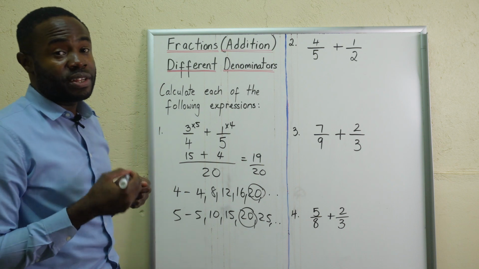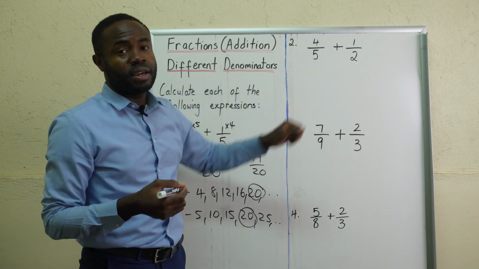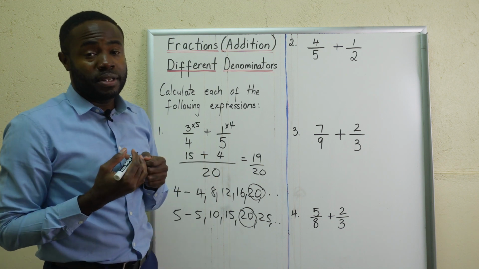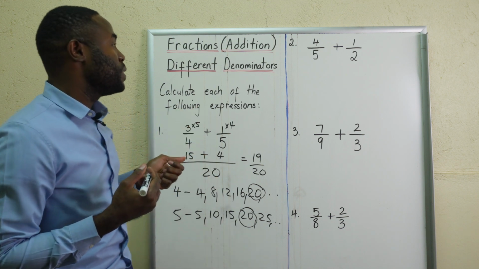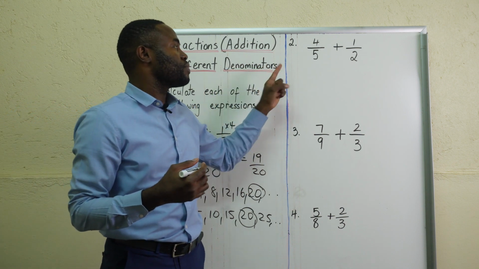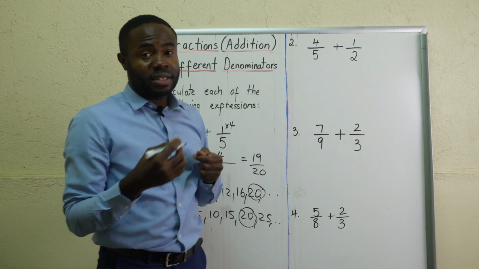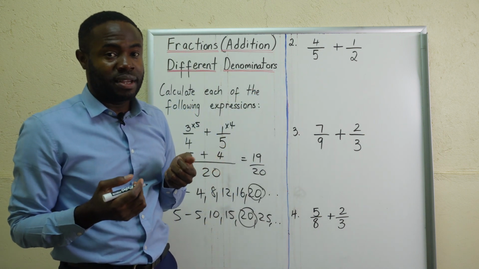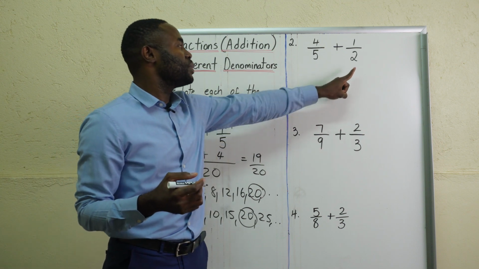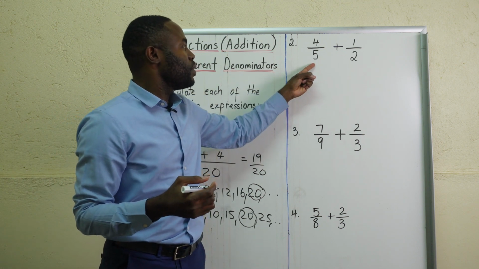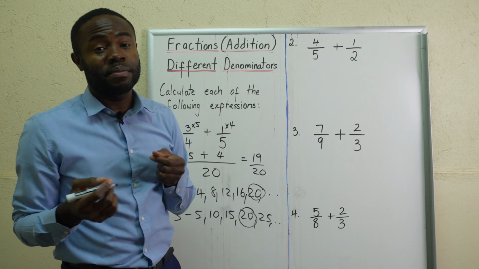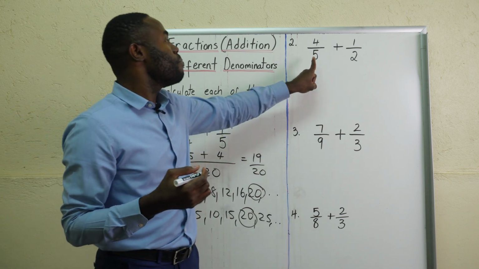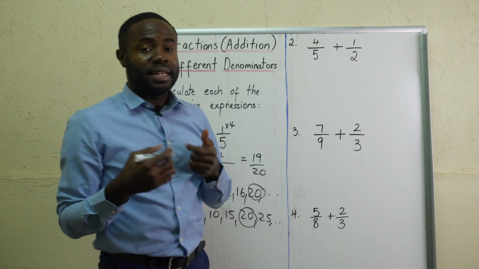Again, students might struggle with finding the LCM of denominators or a common denominator. You can take this approach. I'm recommending this approach when the LCM is not one of the denominators given. All right, you can check it yourself. So 2 is not a multiple of 5, nor is 5 a multiple of 2. When that is the case, you can simply multiply both the denominators.